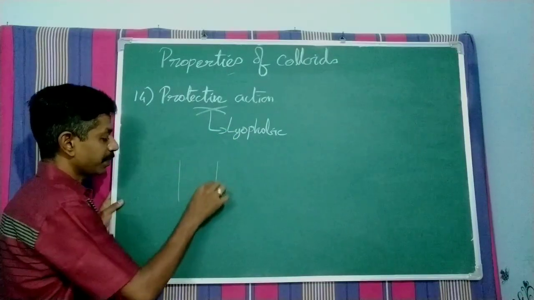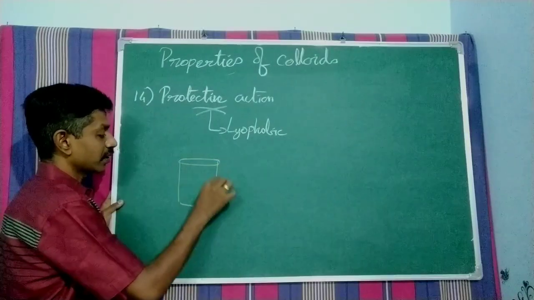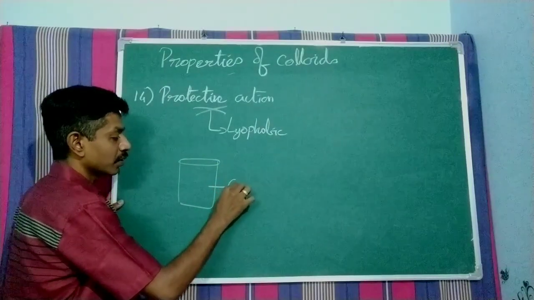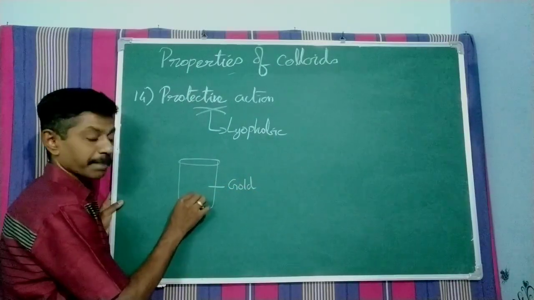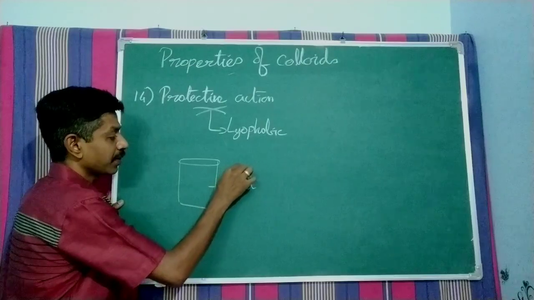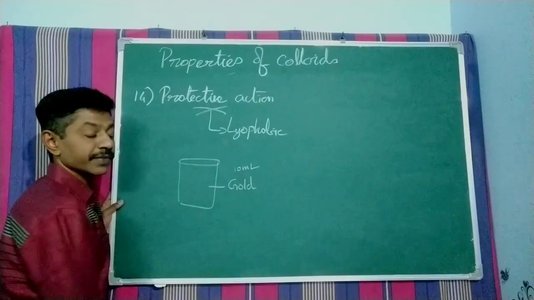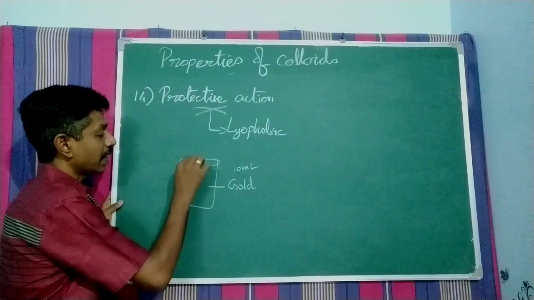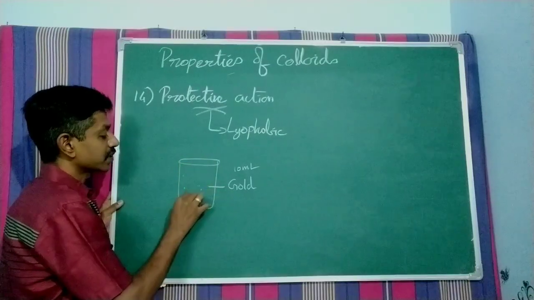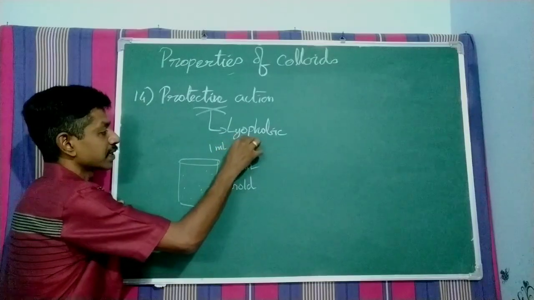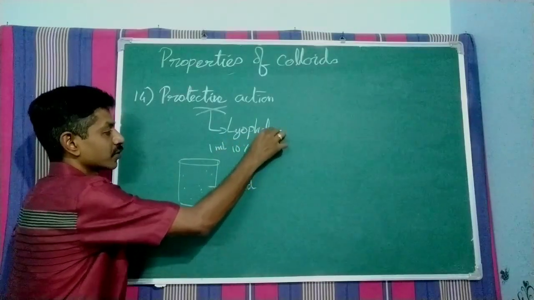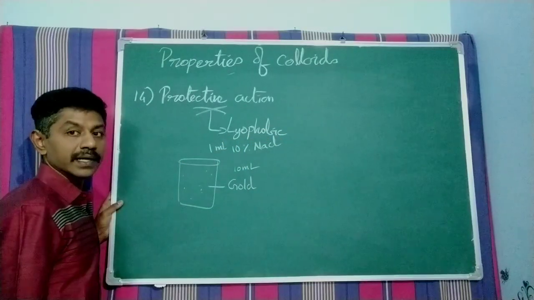Maybe we can take the example of the same gold. I am trying to prepare colloidal gold, gold in water. During that time, maybe 10 ml of gold solution we are preparing, and in that there is the presence of 1 ml of 10% NaCl, sodium chloride, an electrolyte.